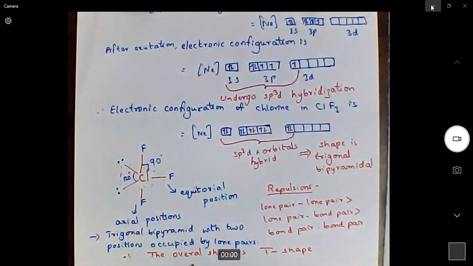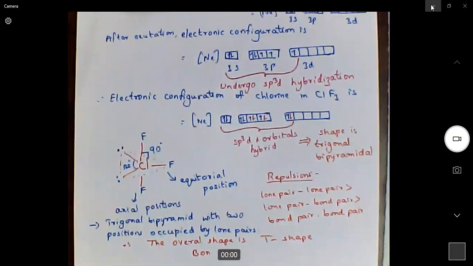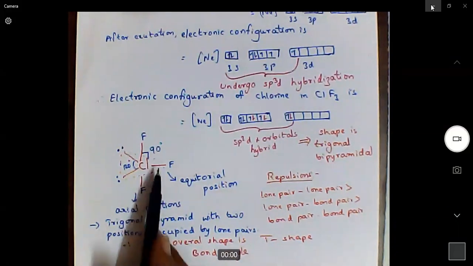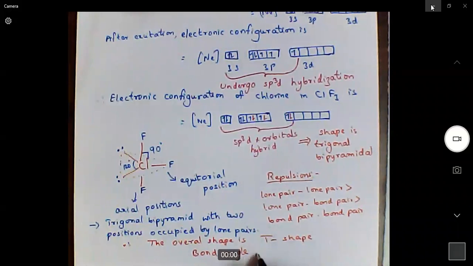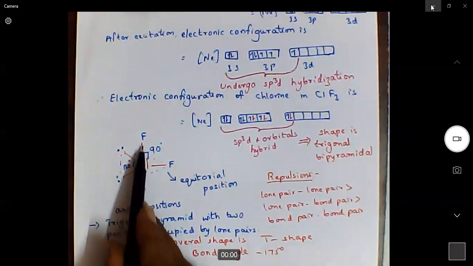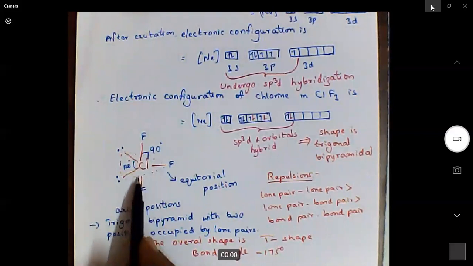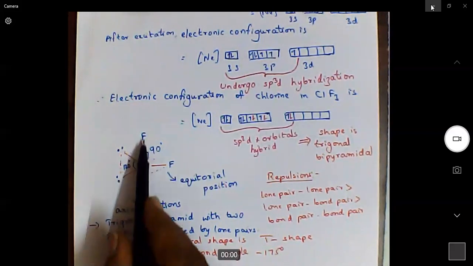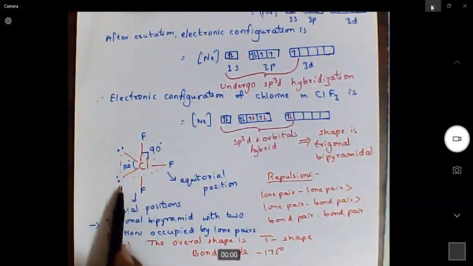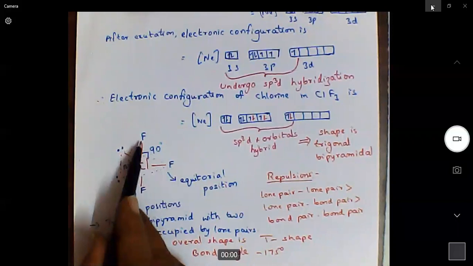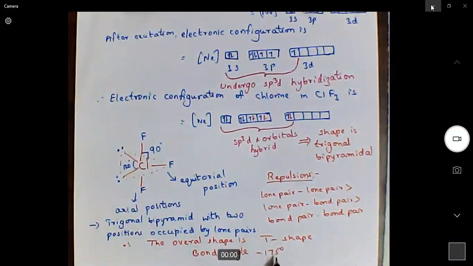So the bond angle is not exactly 90 degrees or 180 degrees. It is 175 degrees. The bond angle is a little bit decreased. The bond angle between these two fluorines will be 180 degrees if it is a perfect linear shape. But because of the repulsions between these lone pairs, they will push these two fluorines a little inwards. So the bond angle will decrease to 175 degrees.